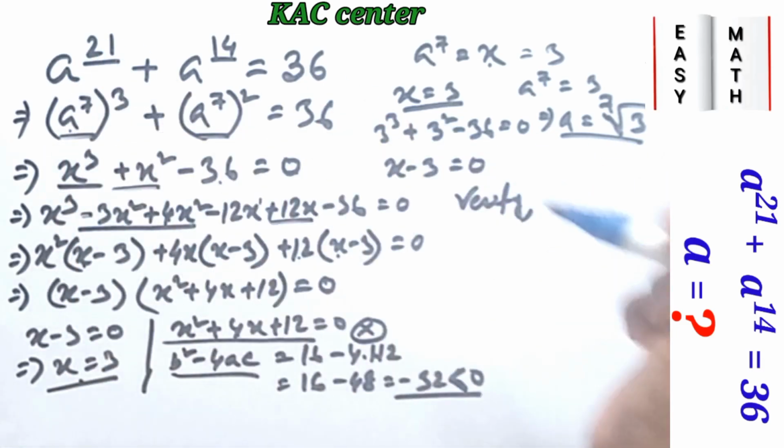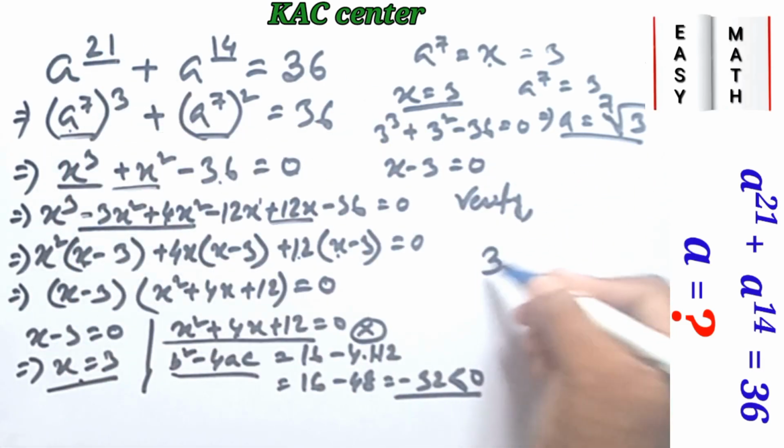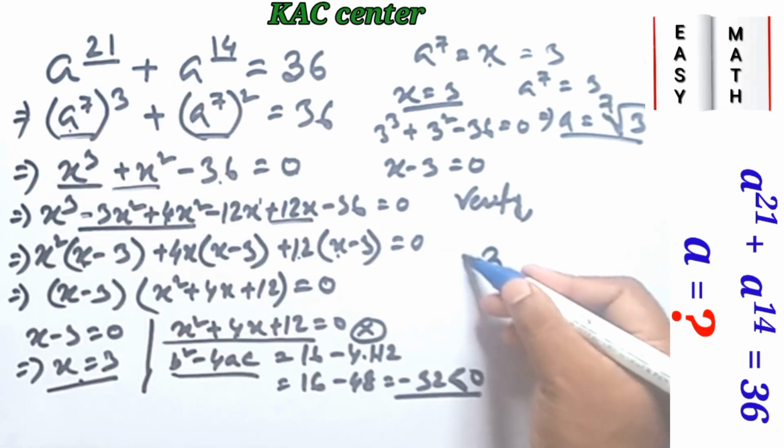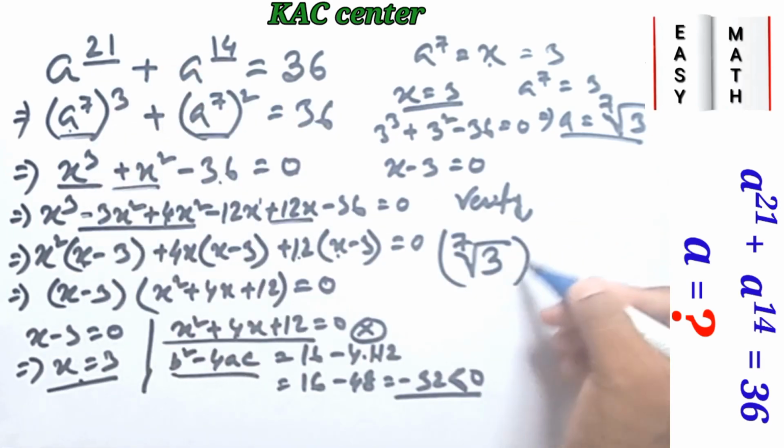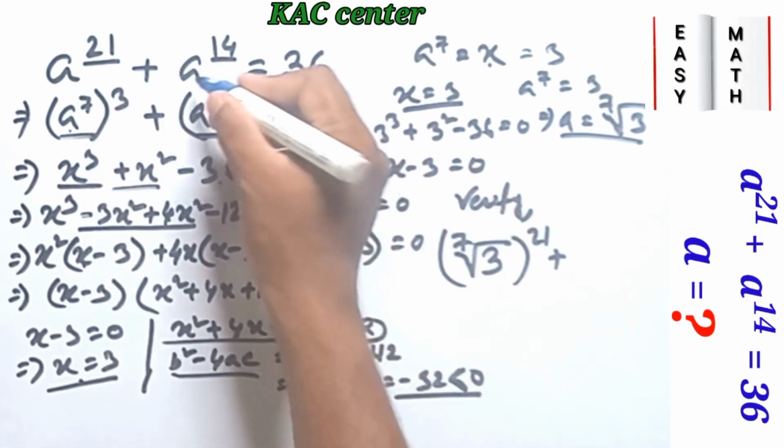So put there a value is to the power root 7, and there is the 21, putting this.